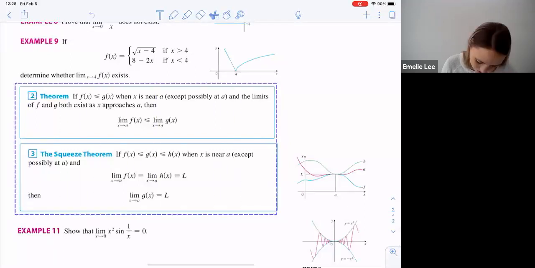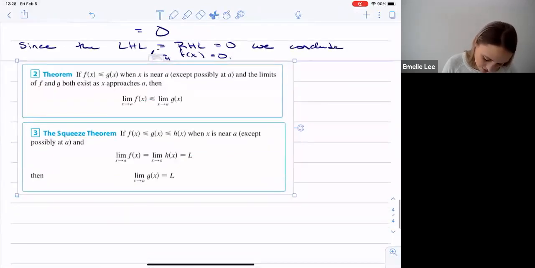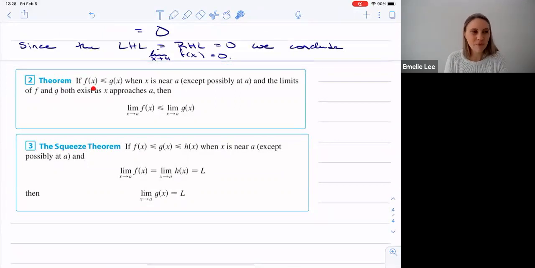So I'm going to bring in both of these at the same time.